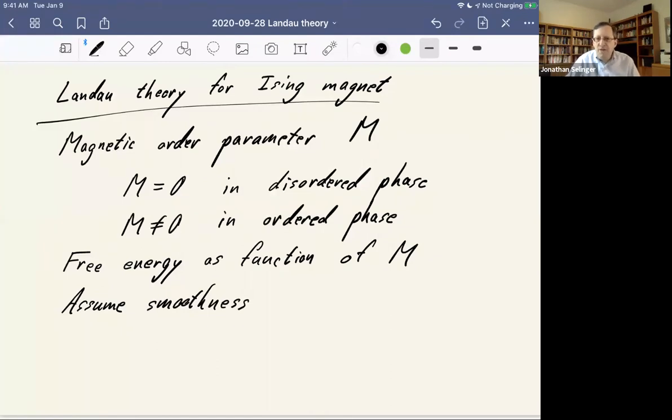We don't even have discontinuities of the derivative of the free energy. Right? We would say that the free energy and all of the derivatives of the free energy must all be nice, well-behaved functions of m. For those of you who have studied the calculus of complex variables, there's a technical word for this.